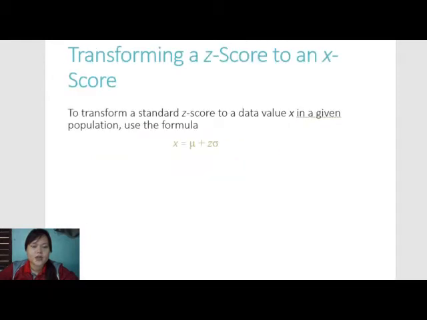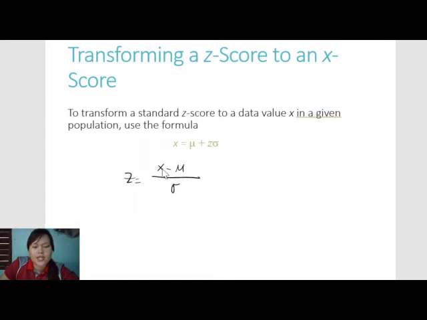Next, let's transform a z-score to an x-score. The formula comes from the z-score formula you had before. z is equal to x minus mu over your standard deviation.